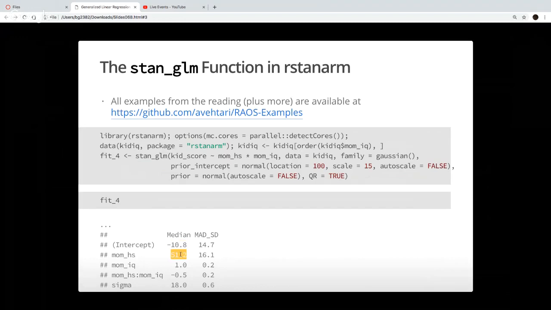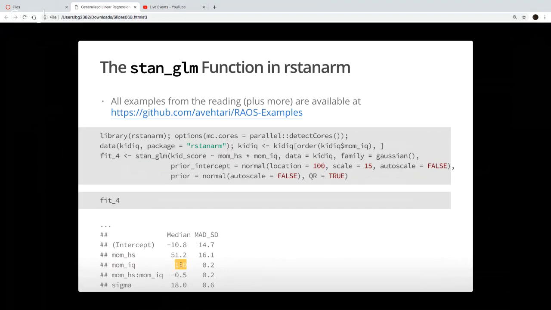We get the posterior median of the coefficient on did the mother graduate from high school. This is for the case where IQ is 0, so it's not particularly realistic to say someone with an IQ of 0 would be graduating from high school, but anyway, that's just what you get with interactive models, and that's why interpreting these things absolutely is not particularly relevant.